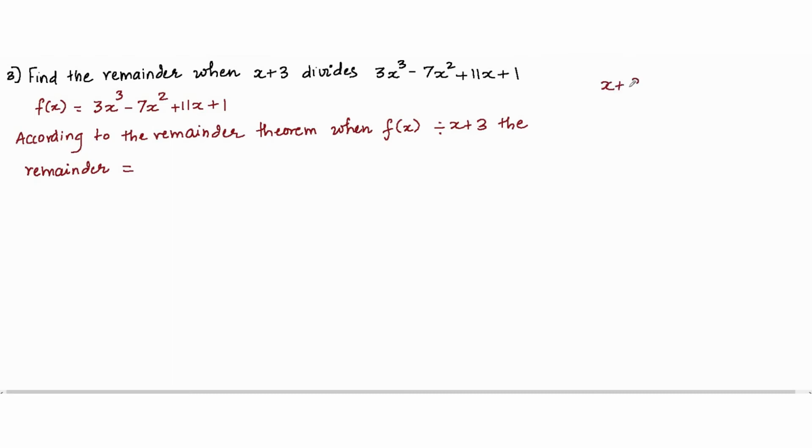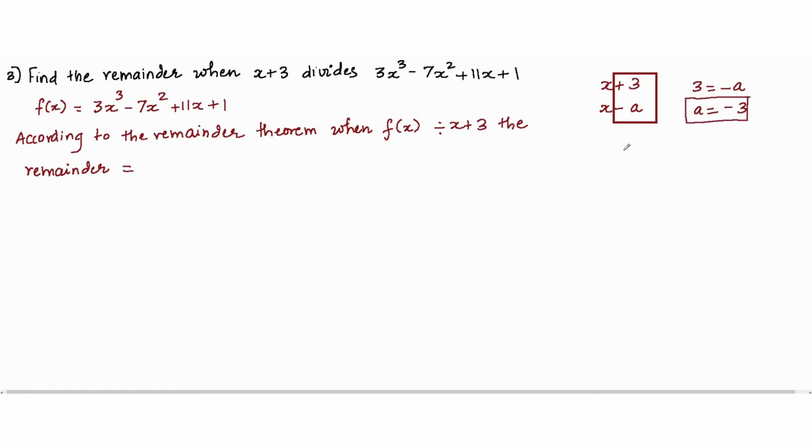So x plus 3 can be compared with x minus a, right? So again, if you notice over here, negative a is equal to 3, and therefore 3 is equal to negative a, which means a is equal to negative 3. So this is one way of finding a.